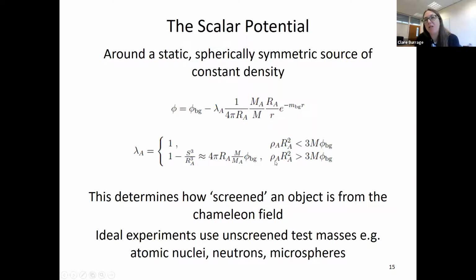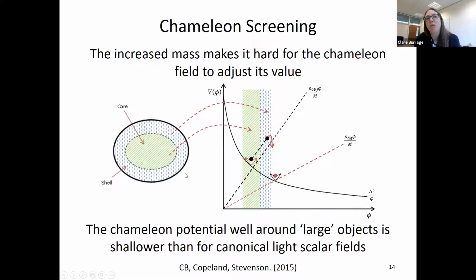What that means is that if the density of our source times the radius squared is sufficiently large, then this lambda factor becomes very small. And that's saying exactly what we just talked about here, that the only mass that's sourcing the external field potential is a thin shell around the surface.